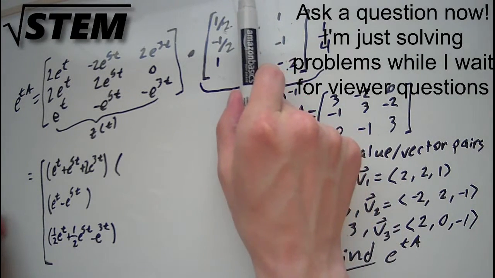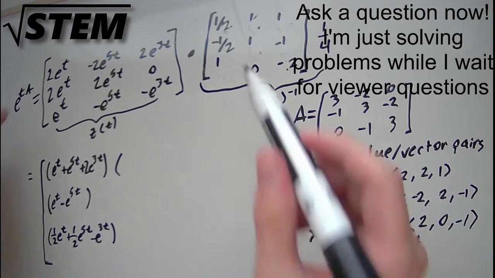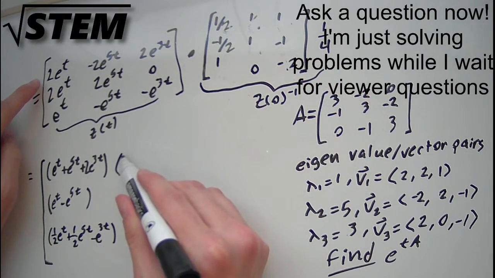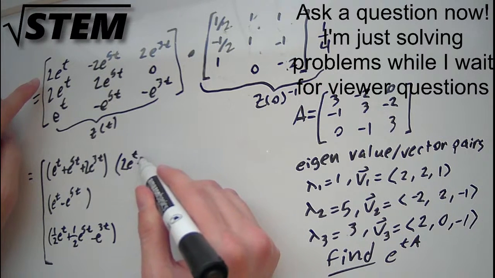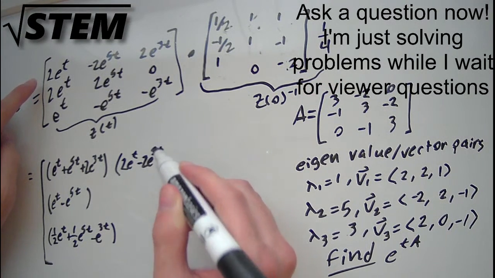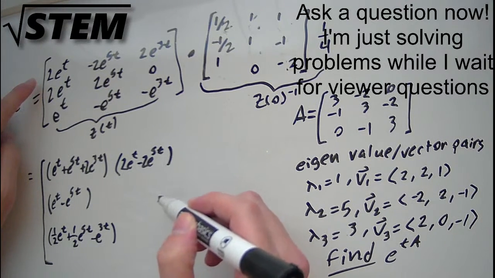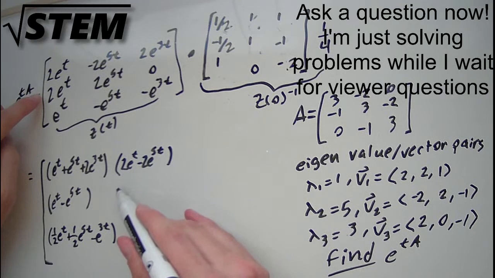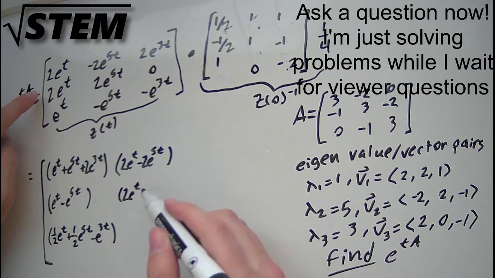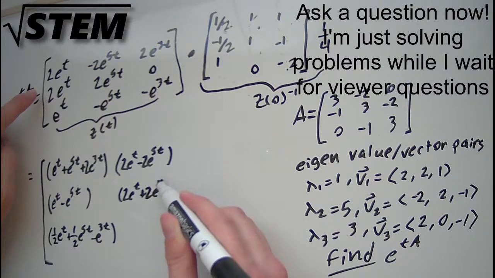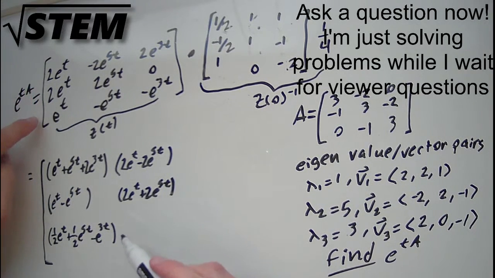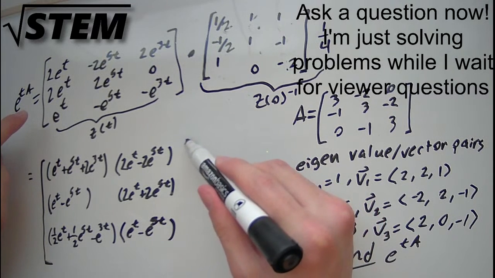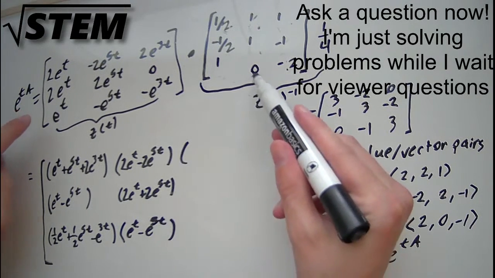Okay, now we're working with this column. So we'll get 2e to the t minus 2e to the 5t plus 0. Then we'll get 2e to the t plus 2e to the 5t plus 0. And we'll get e to the t minus e to the 5t plus 0. I like that column because it has a bunch of zeros.